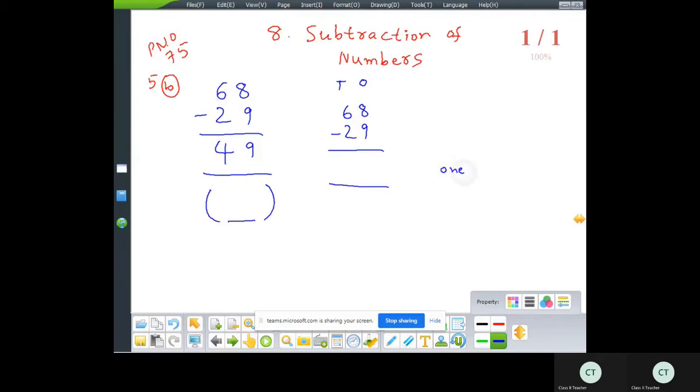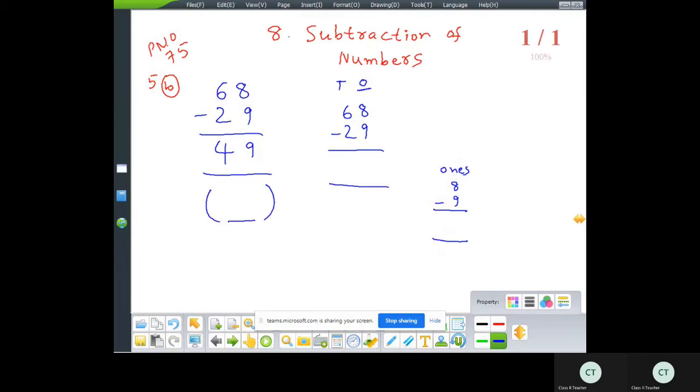The digits from one place are 8 and 9. 8 minus 9. 9 is the bigger number. We cannot take bigger number from smaller number. When smaller number is on top and bigger number is at the bottom, we cannot take bigger number from small number.